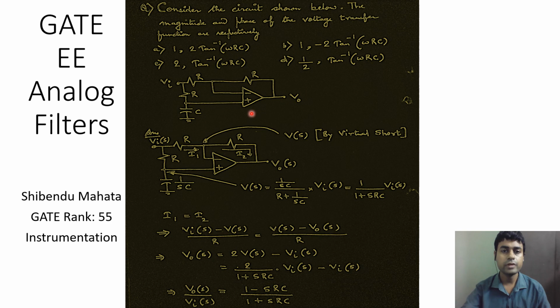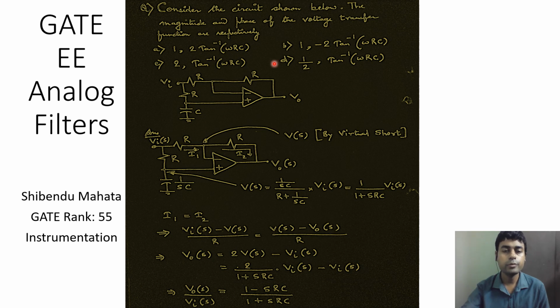So this is an active filter, as is understandable because there is the presence of an operational amplifier here. And these sort of questions can come in various forms. One of the patterns is that they are asking for the magnitude and phase response.